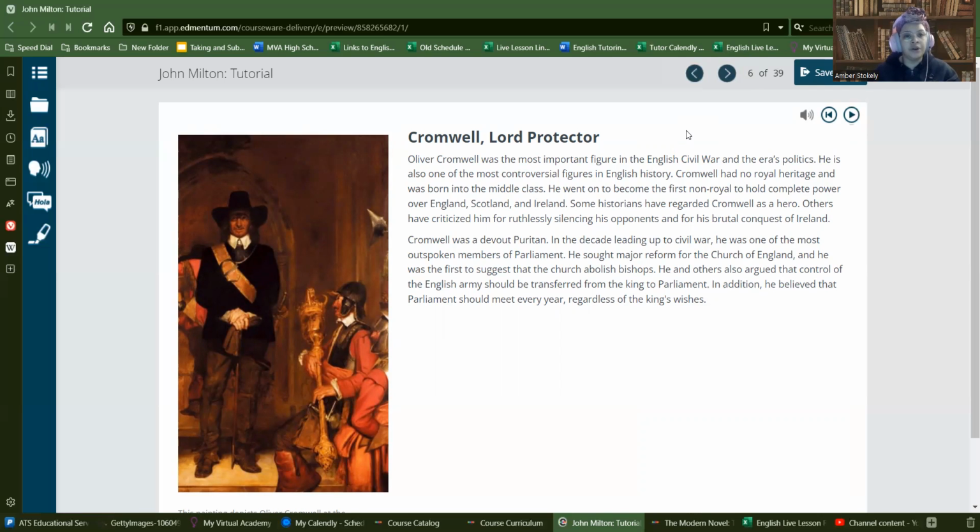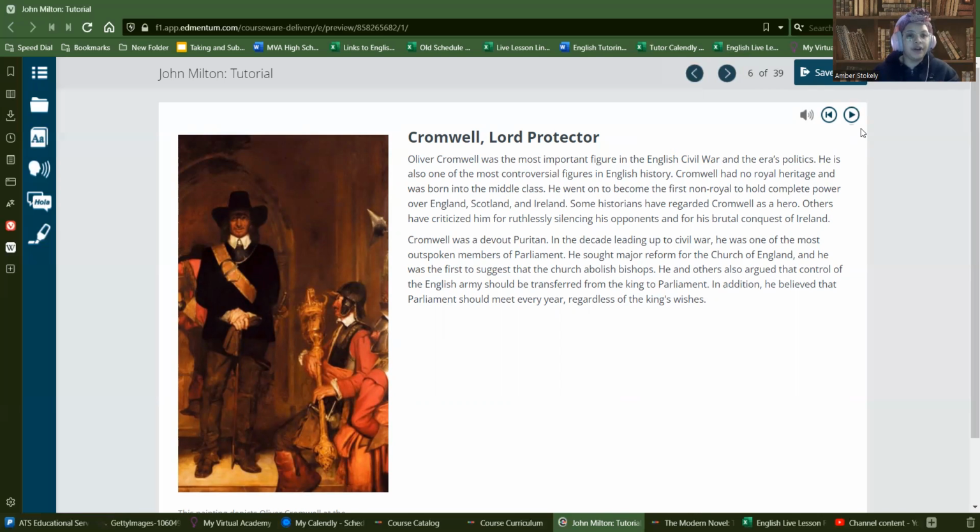So he was definitely known for silencing his enemies, and that was considered very controversial from a number of standpoints. Some of that is just that it's not very Christian to be that brutal. And some of it is just that it was considered unfair play overall, just in terms of politics up to that point.